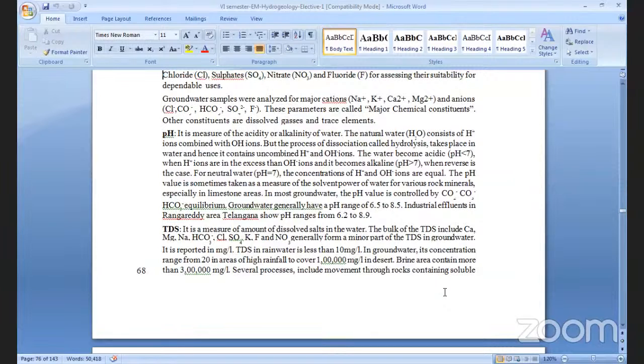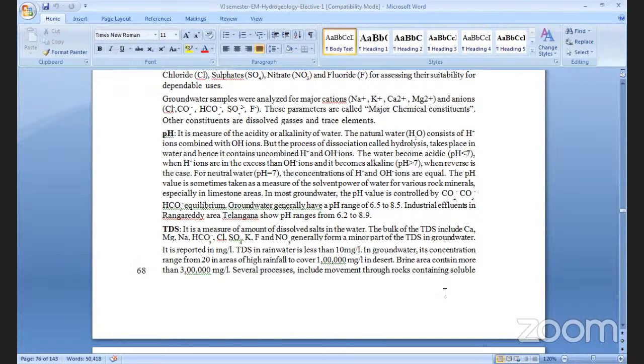And why is it so? We can say that natural water consists of hydrogen ions combined with OH ions, and the process of dissociation is called hydrolysis. It takes place in the water, which contains uncombined water, so that H+ ions and OH- ions are individual.